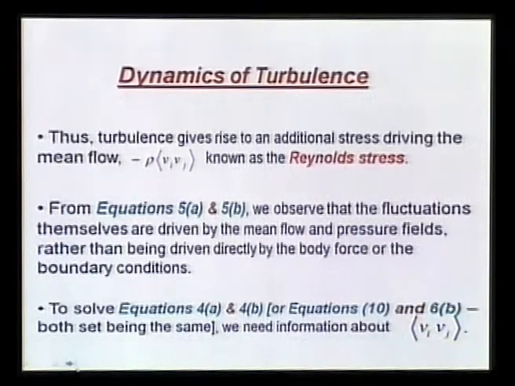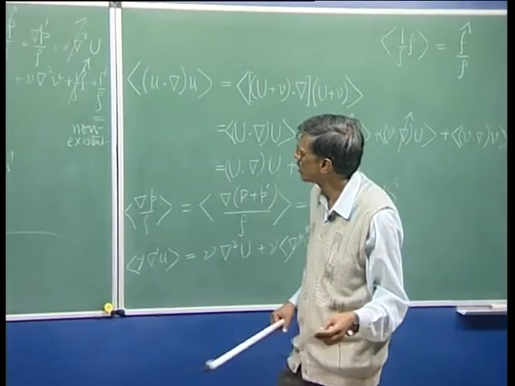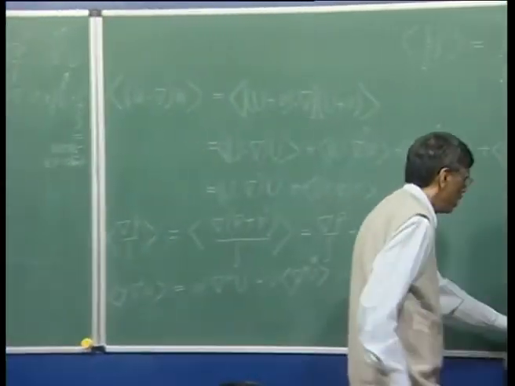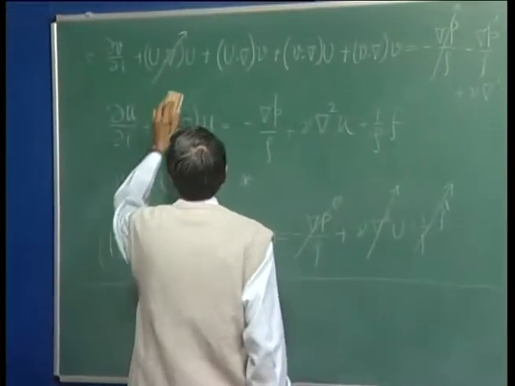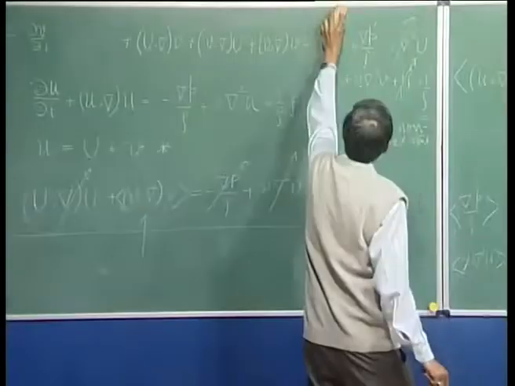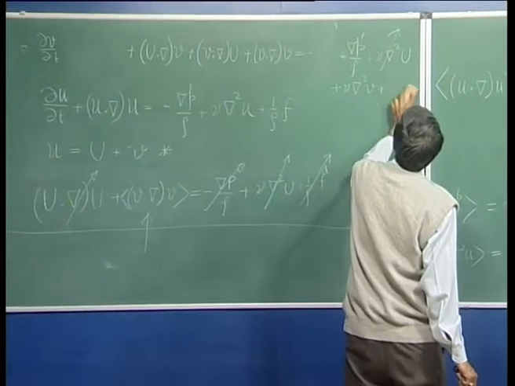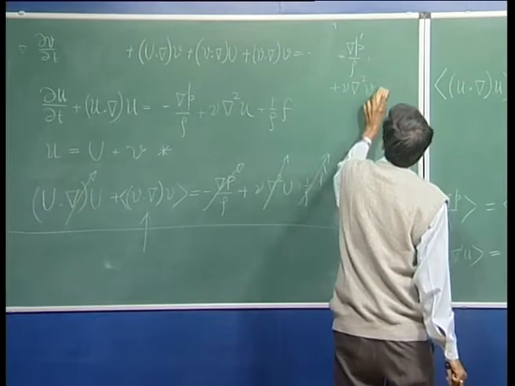Now, when we write down the governing equation for the fluctuation, that is written here, right. So, if I remove all the terms which are not there, this of course goes away, this goes away, this goes away, this goes away, this goes away. So, this is what we have, right.